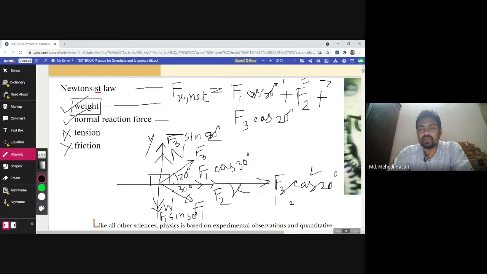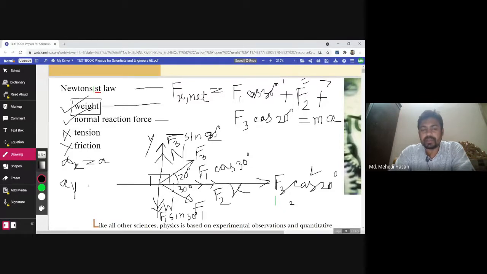So according to the formula, this net force is equal to ma. It will be max, but ax is equal to a here. So ax equal to a, and ay, the acceleration in the y direction, is equal to 0 because there is no movement along the y direction.